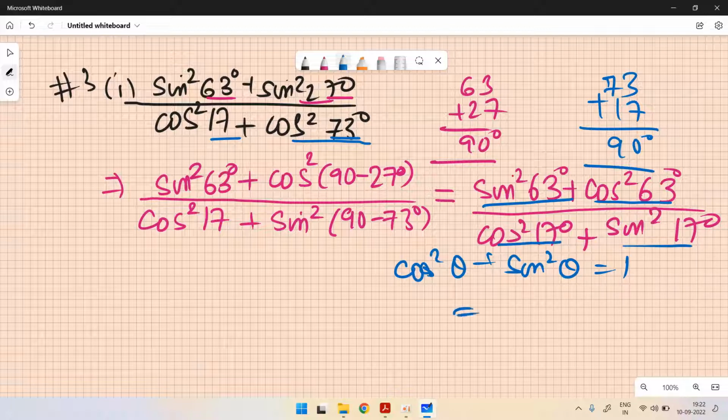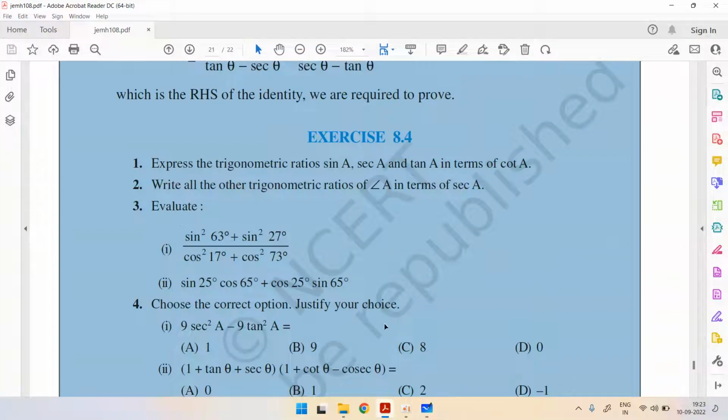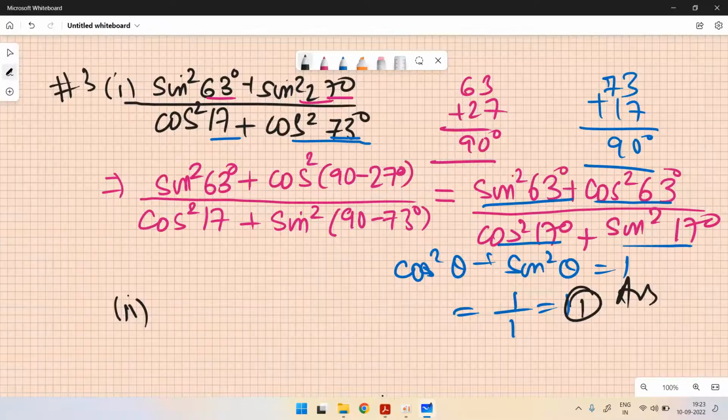So this whole expression becomes 1 by 1, which is nothing but 1. So my answer for the first is 1.